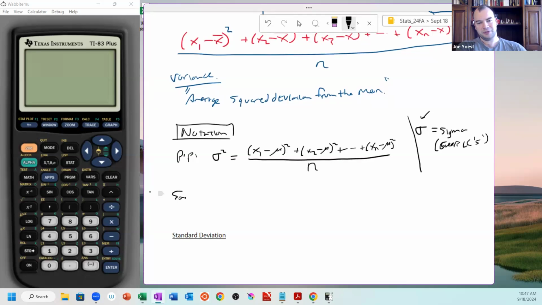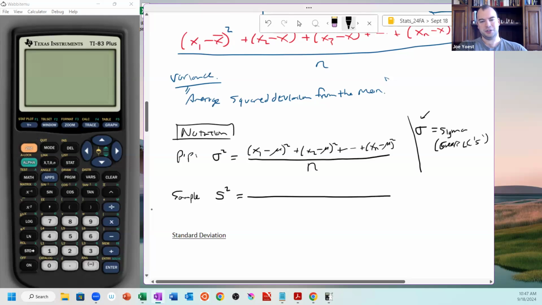I also have a sample variance, which we denote S squared, S with a superscript 2. Again, the Roman equivalent of sigma. And it looks very similar. Starts off very similar. We have x1 minus.